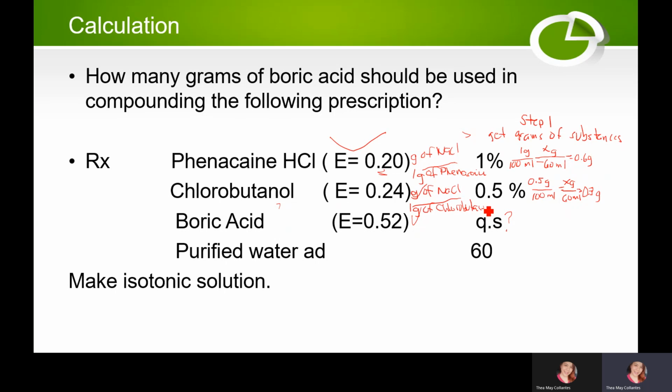So you can see, guys, what happens if I multiply by my E value, which is 0.20?